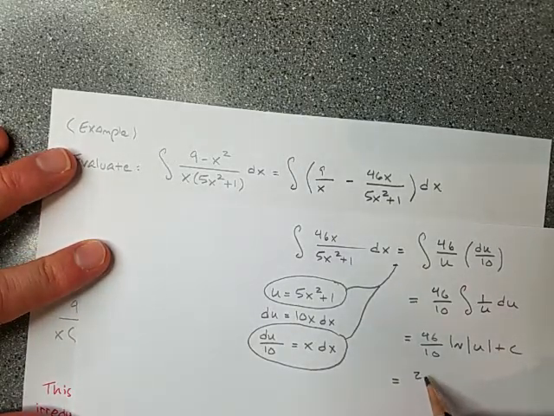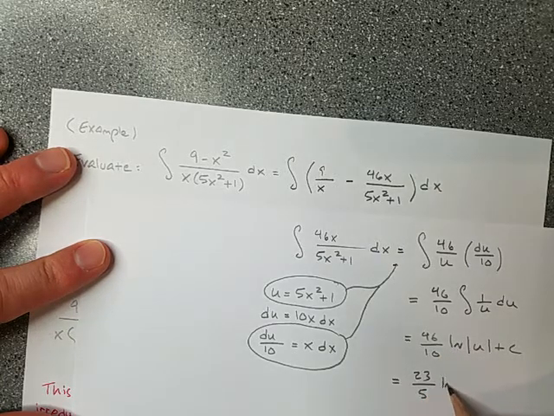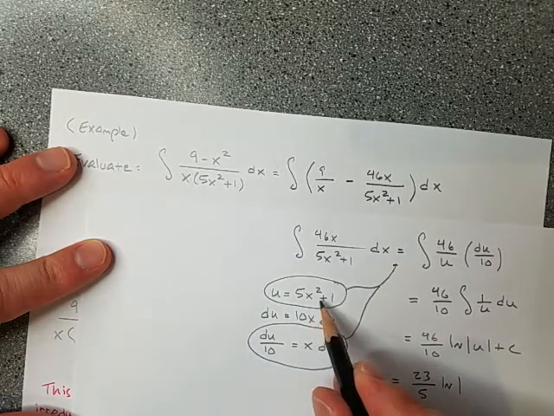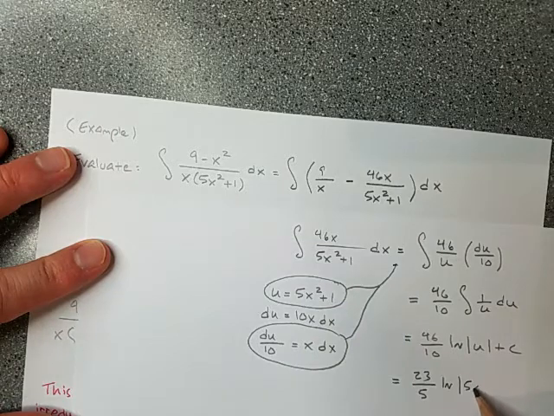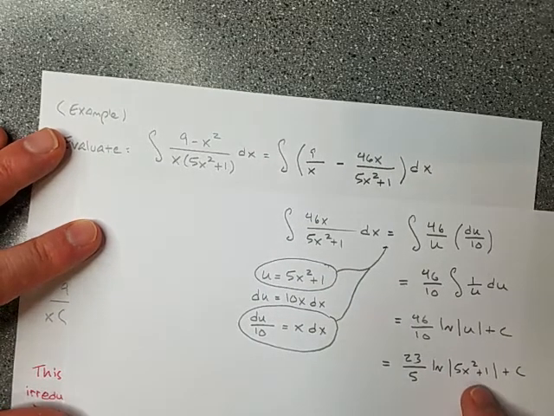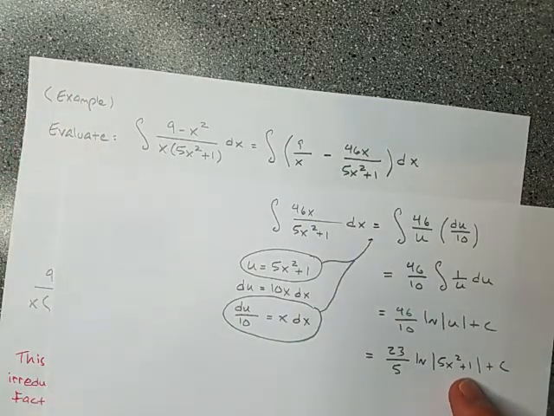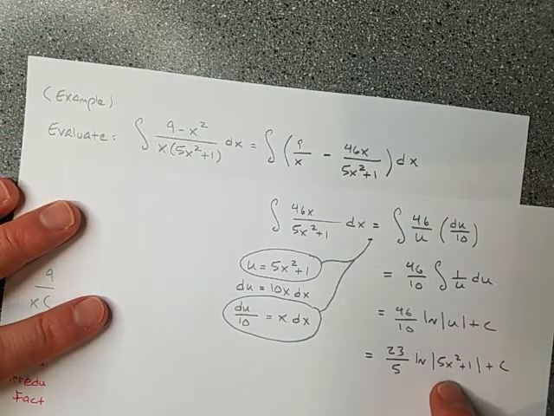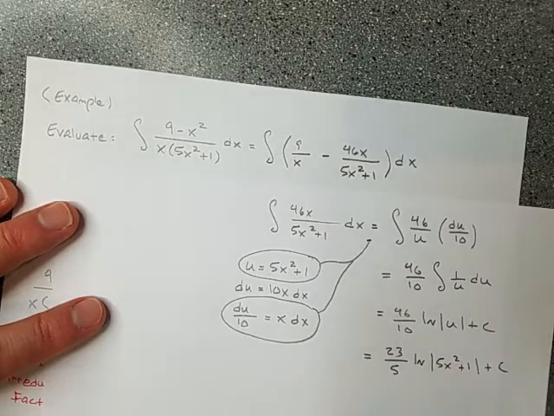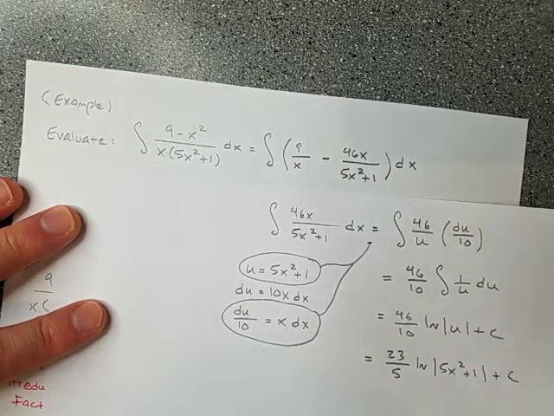So this will be 23 over 5 if reduced, natural log, and u is 5x squared plus 1. And I guess I don't really have to put the absolute value, because 5x squared plus 1 is going to be a positive number. But I'll leave it as 5x squared plus 1 absolute value.